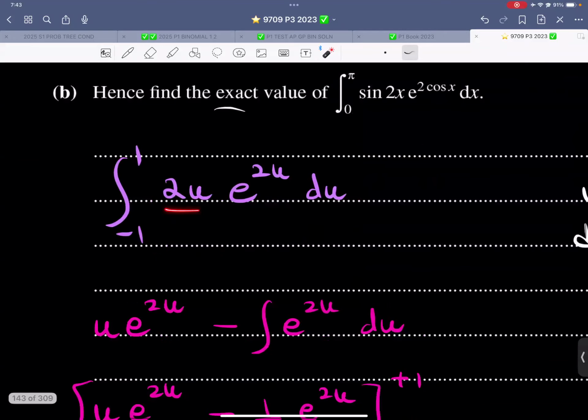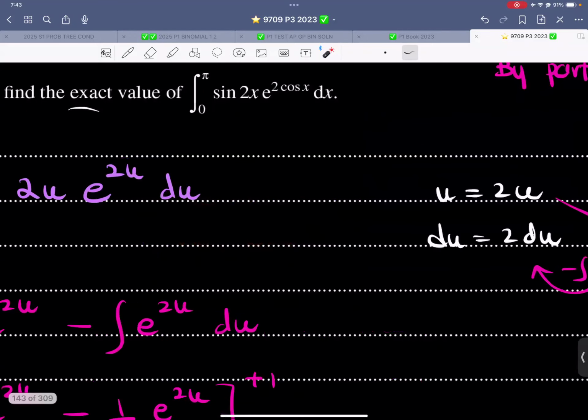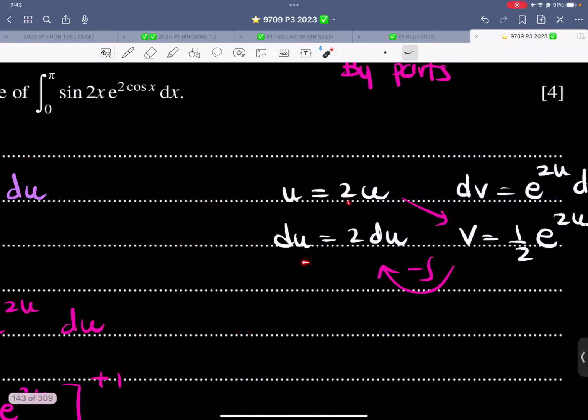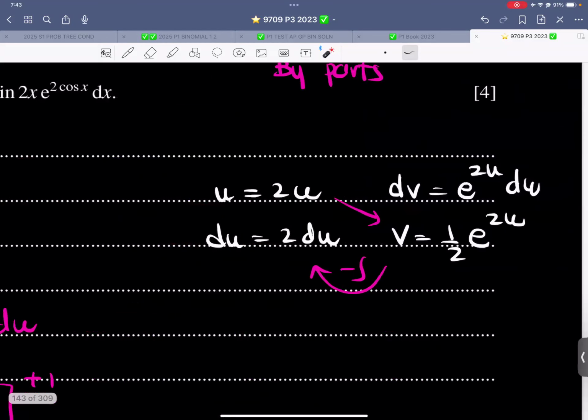u is 2u. This is algebra. This is exponential. So algebra exponential integration by parts, u is 2u, du is 2 du. dv is e raised to power of 2u du. I think it's written twice.